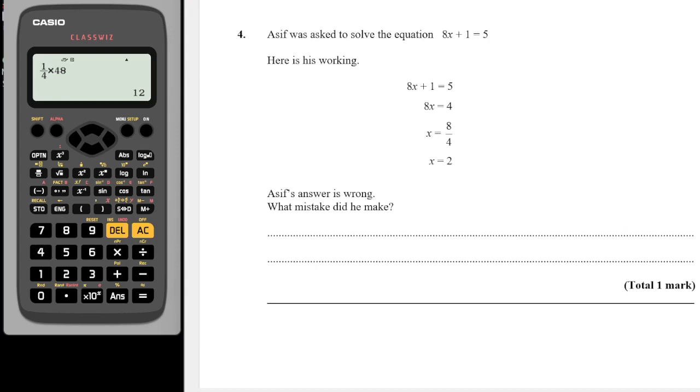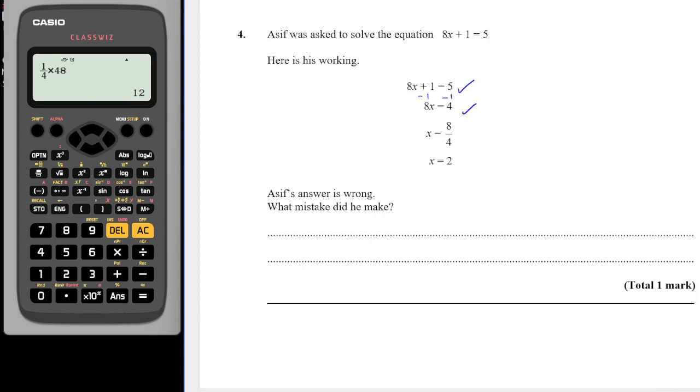Question 4. Asif was asked to solve the equation 8x plus 1 is equal to 5. Here is his working. Asif is wrong. What mistake did he make? I tend to either work it out next to it, or I will mark each line. They've written the question down correctly, so I agree with that first step. I would then need to minus 1 from both sides, which he's done correctly, so I agree with that step.